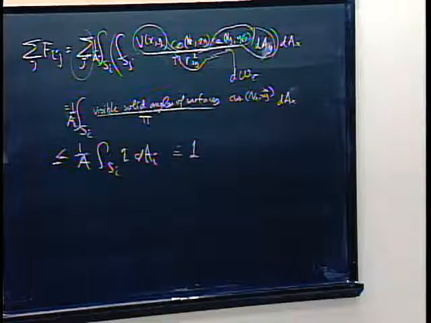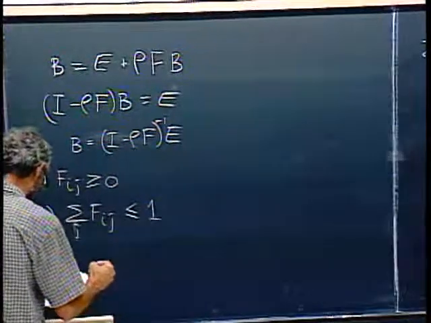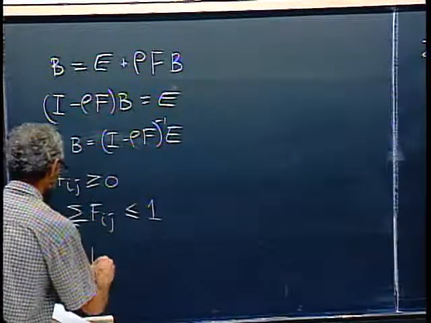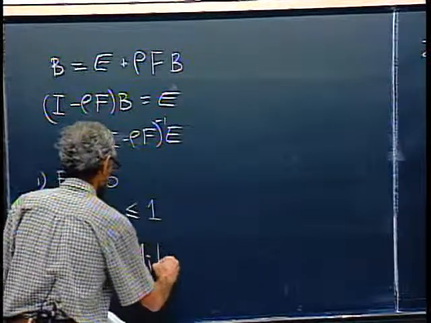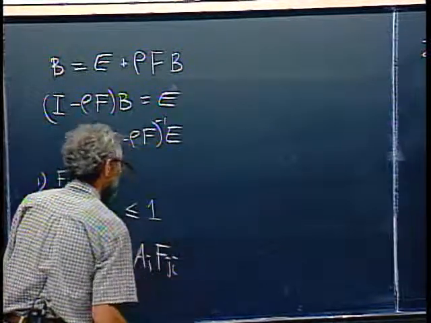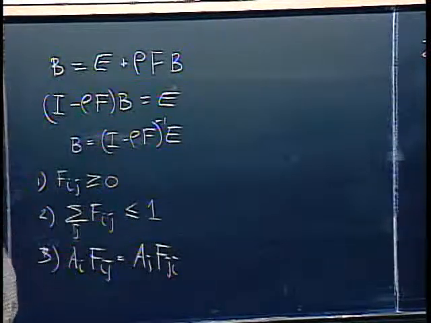So that's this property, and the third property is reciprocity. AiFij equals AjFji. And the reason is, let me do it on this board because I have this formula here.